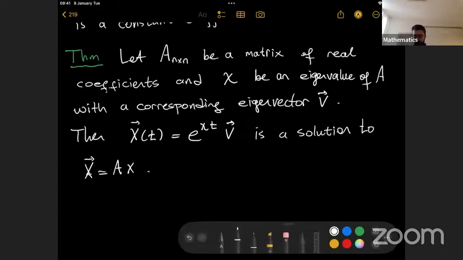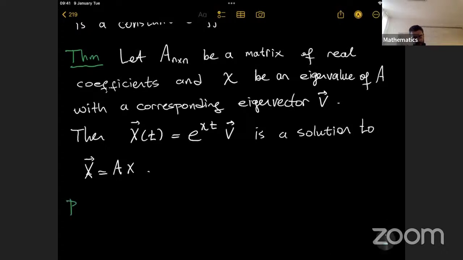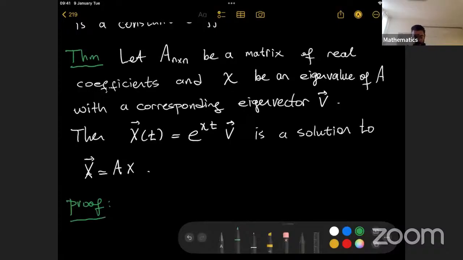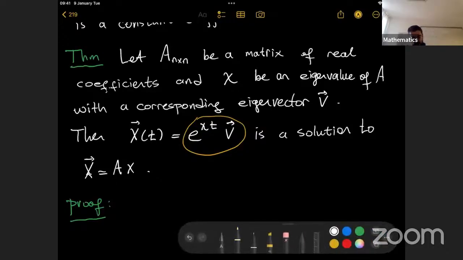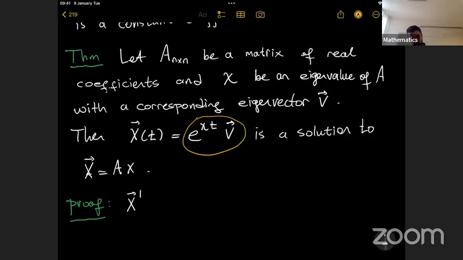Let's maybe prove this in a line. We need to check that this is a solution. Well, what is x prime of t? V is a constant, so it's going to be lambda times e to the lambda t, the derivative of the exponential, times the vector.